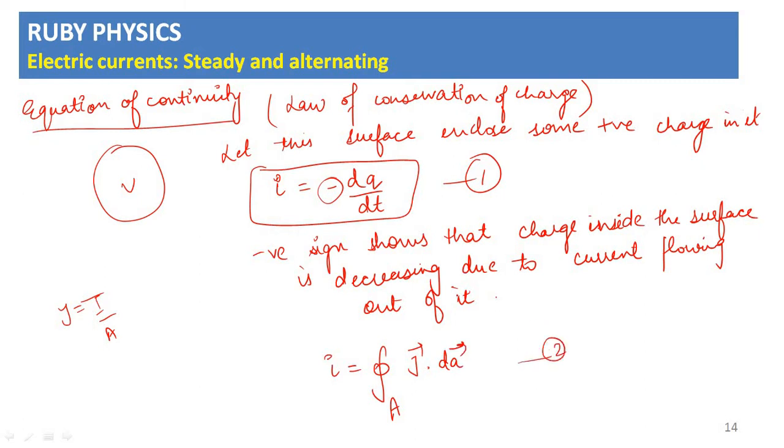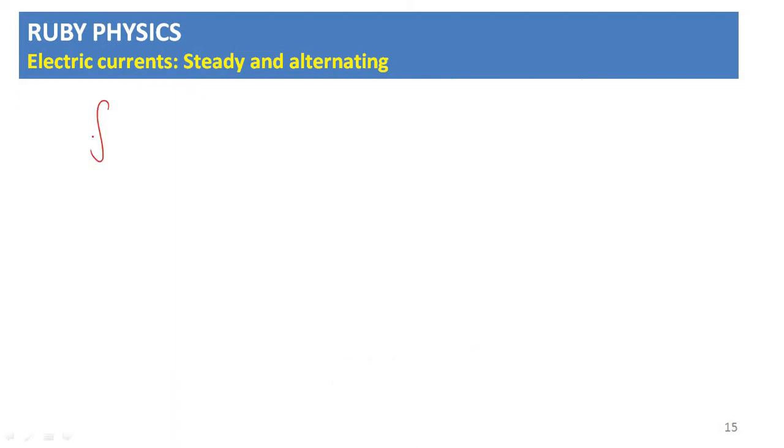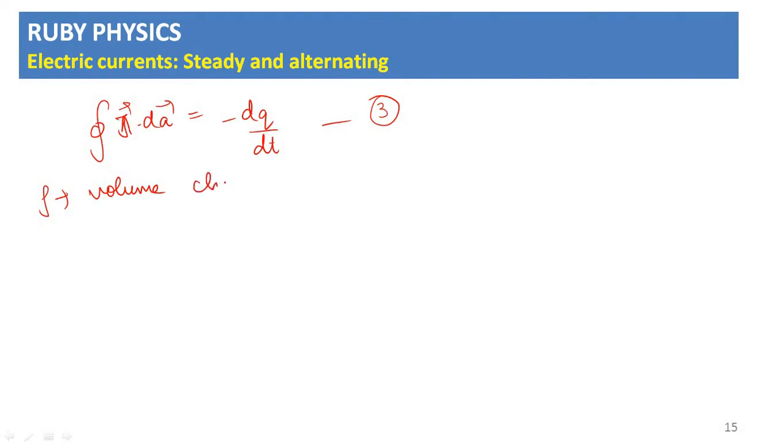Now from equations 1 and 2, I can write the integral of J dot dA is equal to minus dq by dt. By equating the two equations, we get equation 3, where rho is the volume charge density, that is, the charge per unit volume.